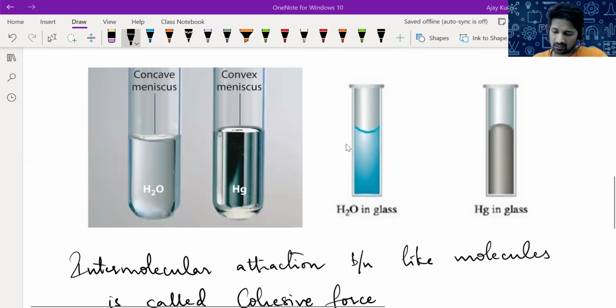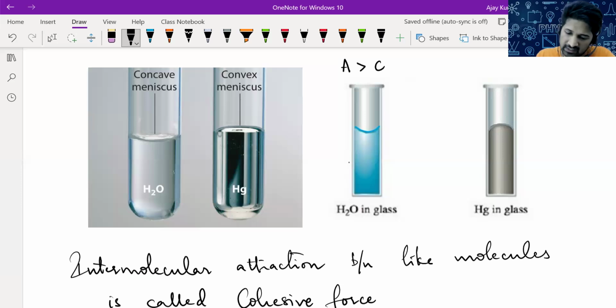Now, in case of water and glass, adhesive forces are stronger than cohesive forces. What does that mean? Water-glass attraction is stronger than water-water attraction. As a result, water tends to spread on glass.